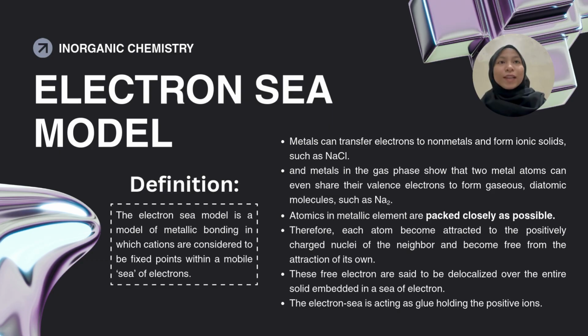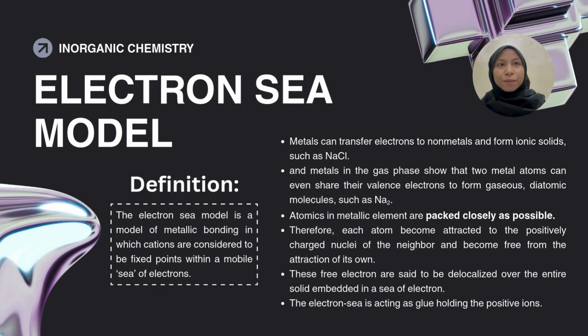Metals can transfer electrons to non-metals and form ionic solids, such as sodium chloride and HCl. In addition, metals in the gas phase show that 2 metal atoms can even share their valence electrons to form gaseous diatomic molecules such as Na2. Atoms in a metallic element are packed as closely as possible.